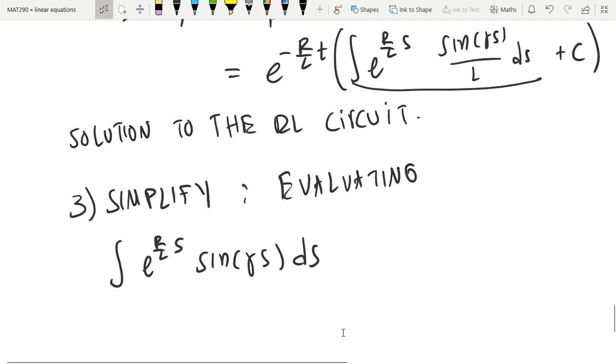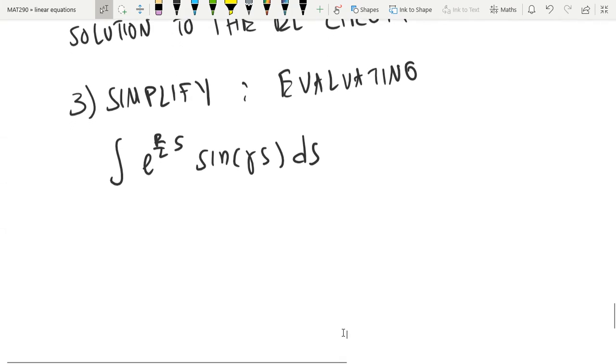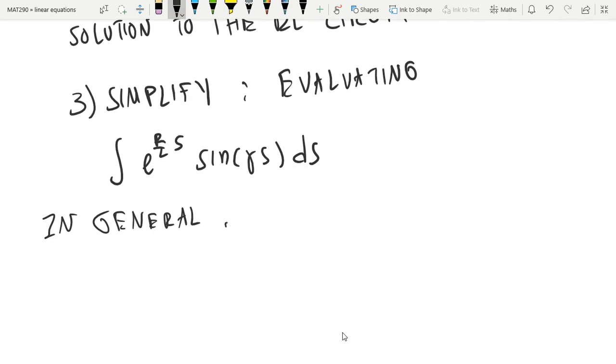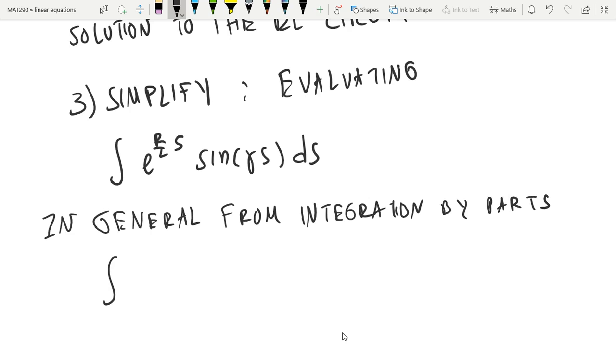So let me write you a general formula. So in general, from integration by parts, you have the following.